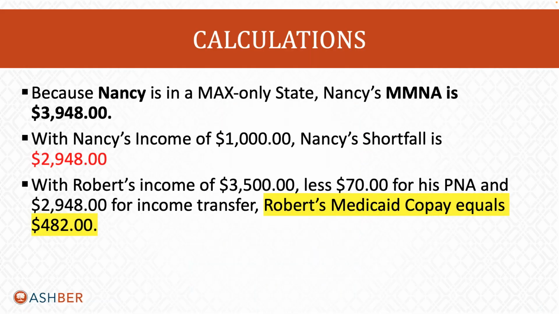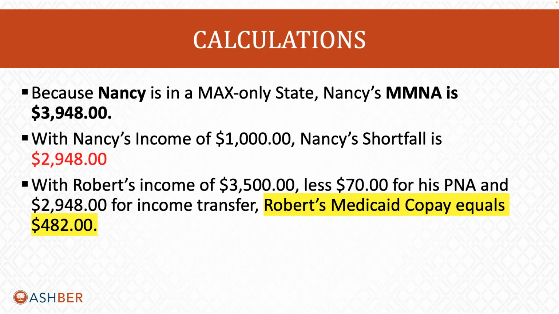Okay, so for this particular situation, we always want to find out what the MMNA is first. So in a max only state, we already know that the MMNA is the $3,948. So with that, we know what Nancy's entitled to, the $3,948. However, we know that Nancy's income is only $1,000. So Nancy's shortfall is $2,948.